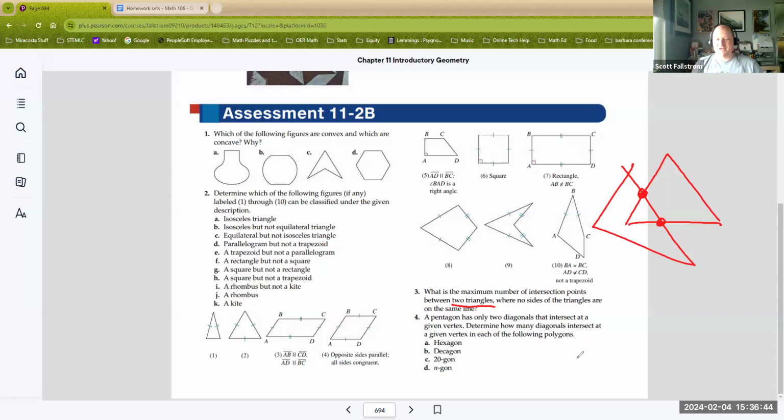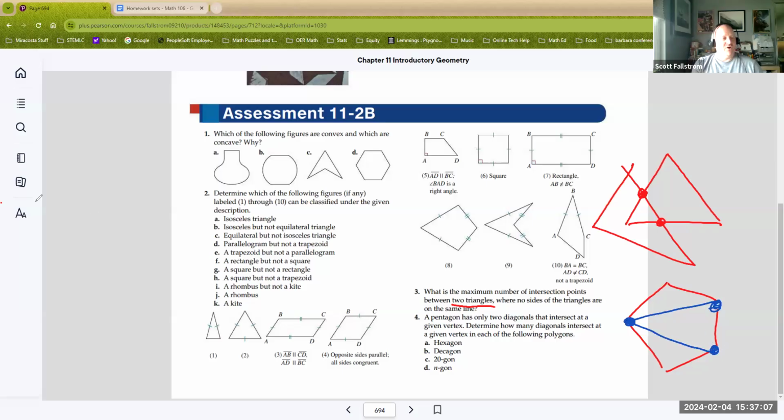Next up, a pentagon has two diagonals that intersect at a given vertex. Your turn now. Think about that pentagon; it doesn't have to be a regular pentagon. It has two diagonals that intersect at a vertex. If you think about this vertex, there's one that comes out here, there's one that comes down there.